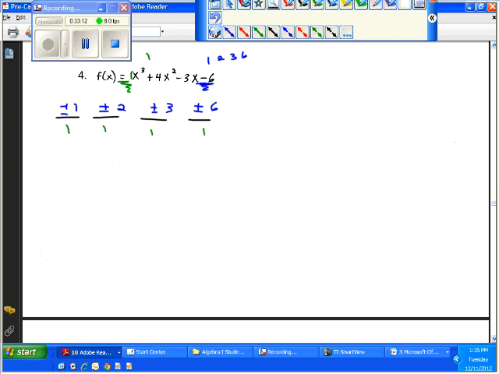Understand that? So we'll write out all those possible factors.